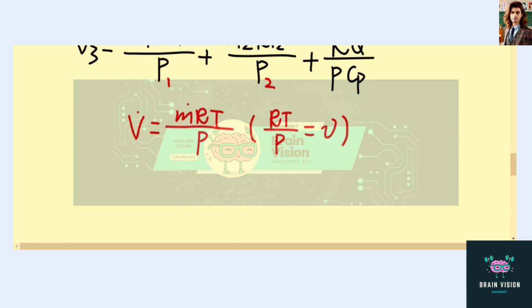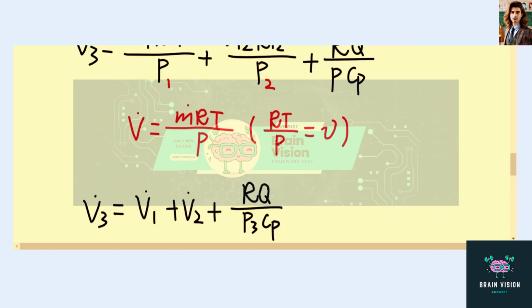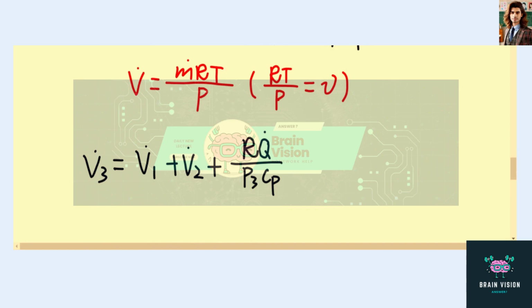We'll have V3 dot simply equal to V1 dot plus V2 dot, plus RQ dot over P times Cp, since P is equal to P3.